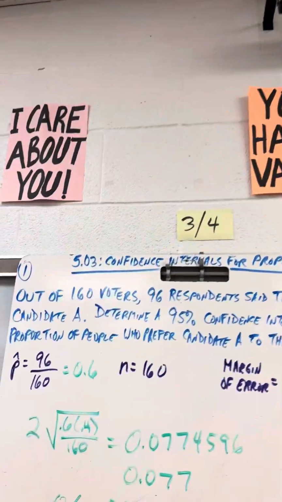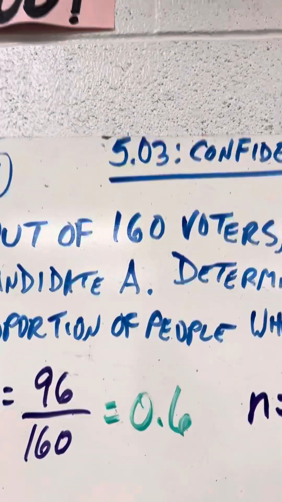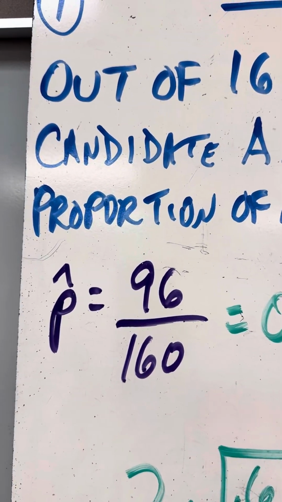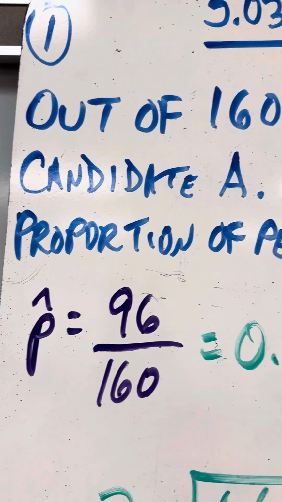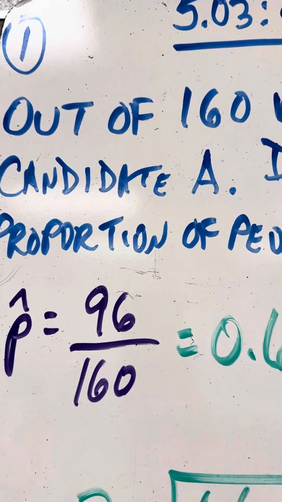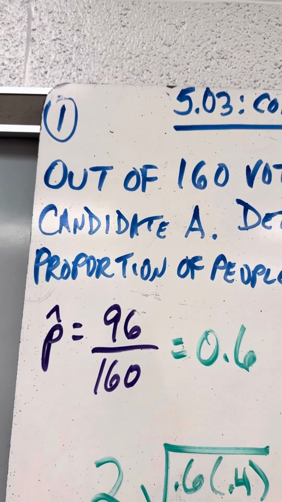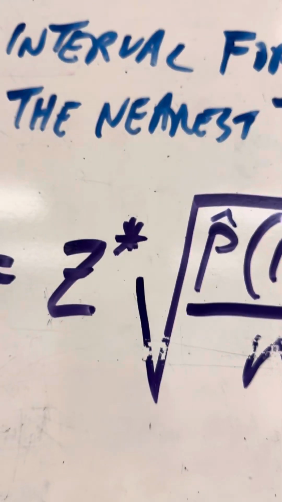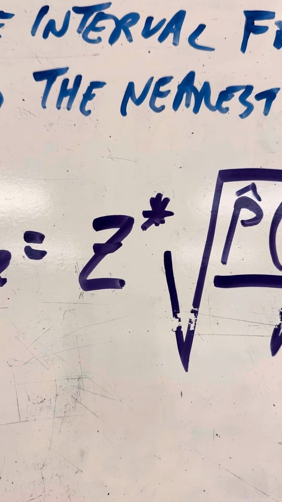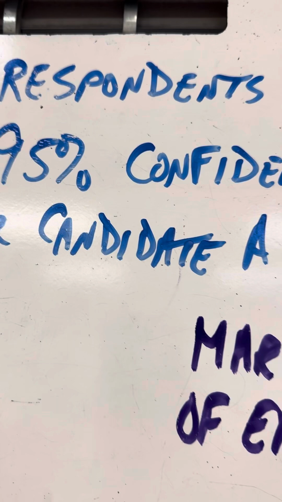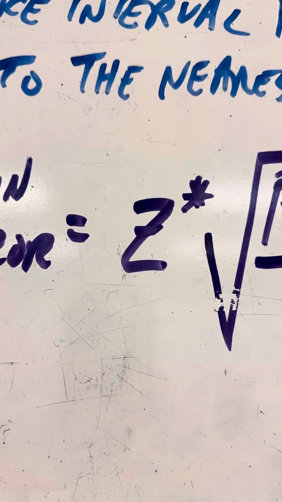So, we've got 160 voters, 96 respondents. That's 96 out of 160. If you divide that, you get 0.6. So if 0.6 is P, then in this formula here, where Z is 2 because a 95% confidence interval, remember, is 2 standard deviations.